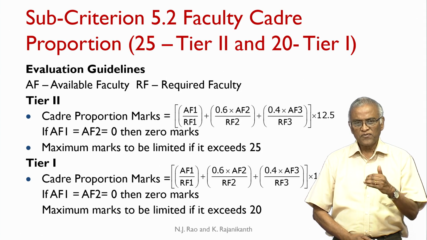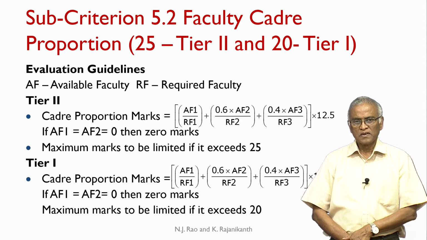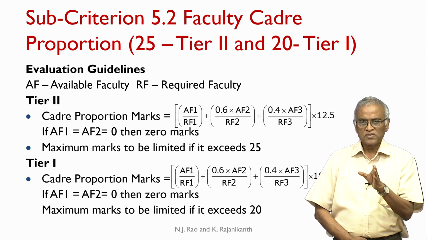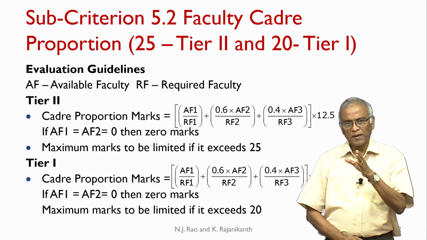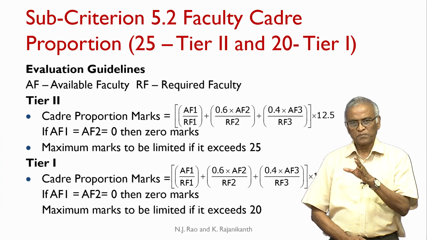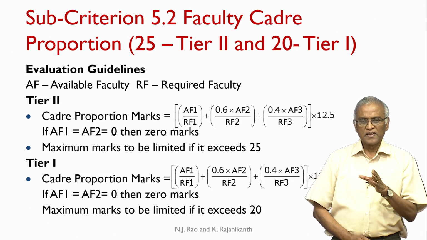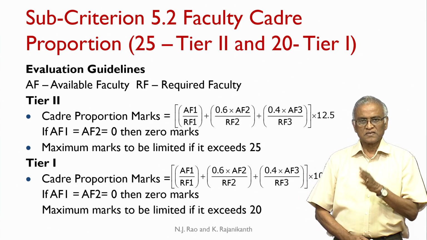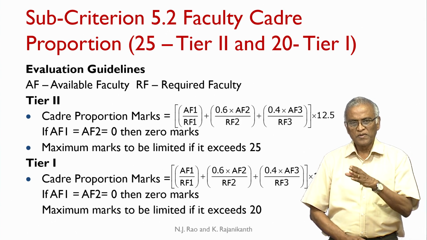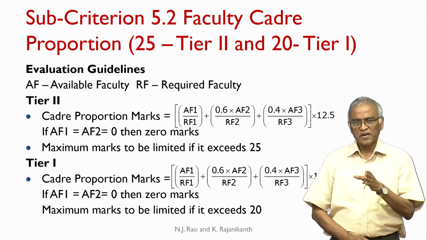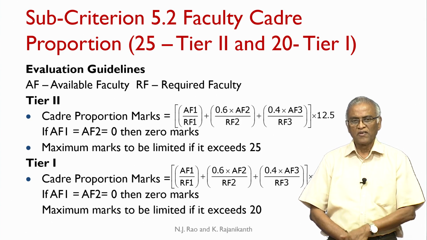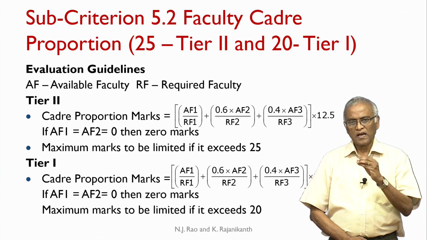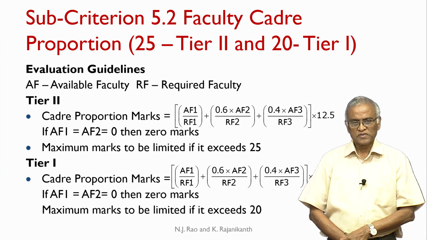So, AF1 divided by RF1, and similarly AF2 is related to associate professors: the number of available associate professors divided by the number of required associate professors, multiplied by 0.6. And similarly, you have 0.4 into AF3/RF3. AF3 is available assistant professors and RF3 is required assistant professors.